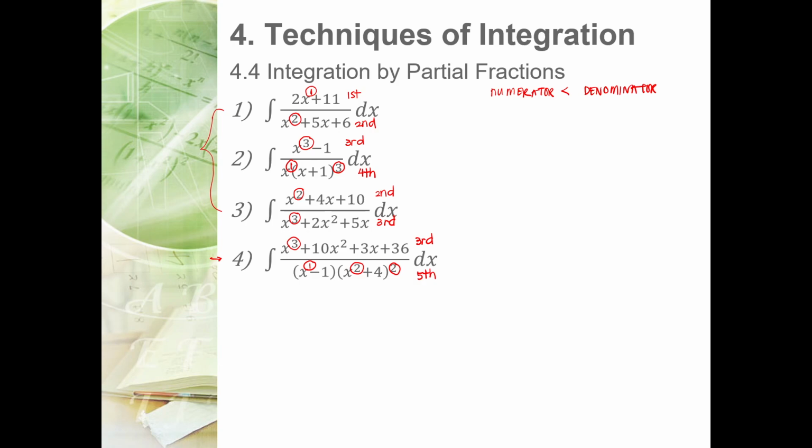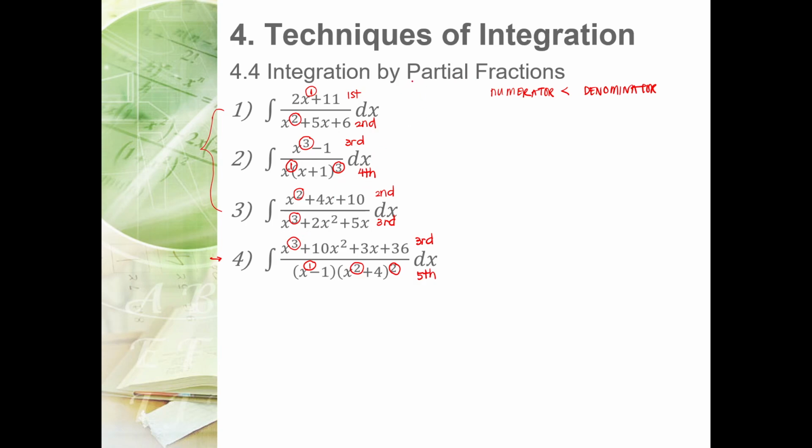Of course, you also try to use u sub first if it's applicable, but if you are given these terms, it's impossible to use u sub in the process since you have complicated terms in your numerator and in your denominator.